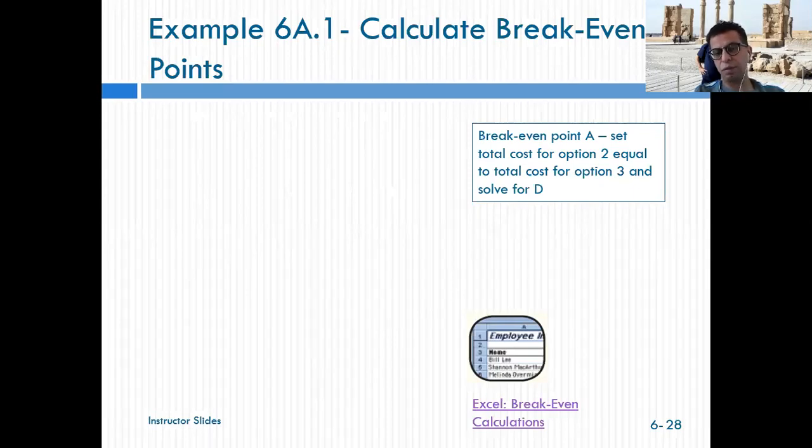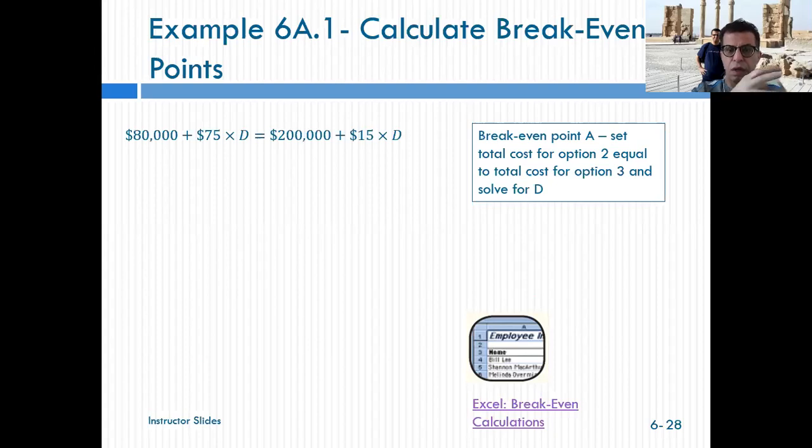First, you're going to do a break-even between option one, which is buying from the suppliers, and the total cost for option two, which is buying semi-processed equipment.